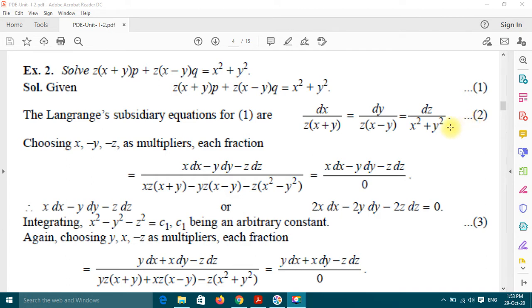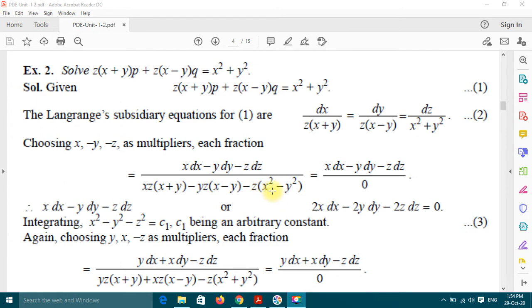Now we choose the multipliers x, minus y, minus z, and multiply the first fraction by x, the second fraction by minus y, and the third fraction by minus z, and add them. Then we get each fraction is equal to x dx minus y dy minus z dz upon xz(x plus y) minus yz(x minus y) minus z(x square plus y square).